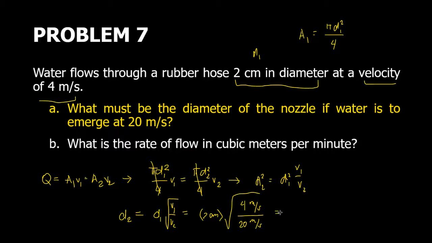That will be 0.894 centimeters. So that's our diameter 2 at that point where the velocity is 20 meters per second. So fina-follow niya Venturi's theorem, principle, I guess. Or Venturi effect. It's Venturi effect, okay.